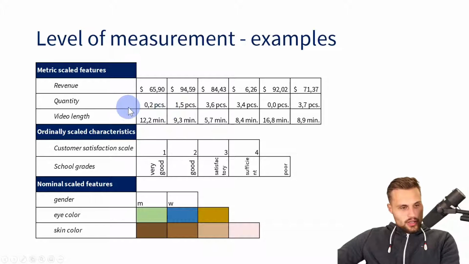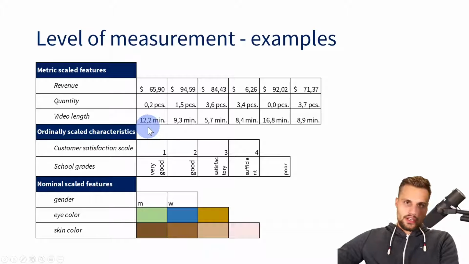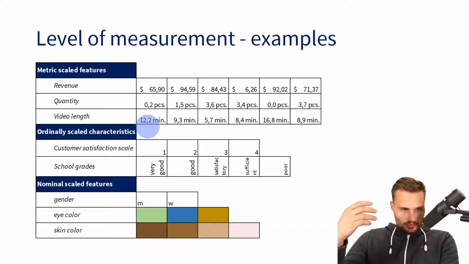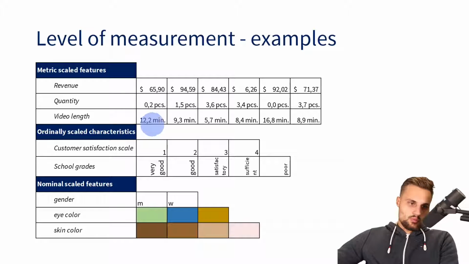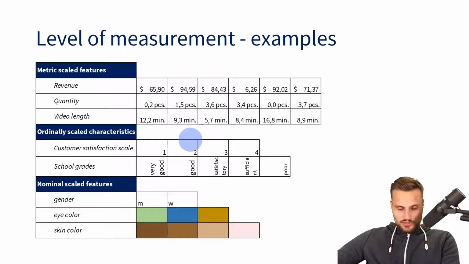And then we have here the difference with the ordinally scaled features, such as the customer satisfaction scale. I just scaled it because normally in Excel, for instance, we can work better if this is scaled. So 1 would stand for the customer is very satisfied with our services, for instance. 2 would be representative for the customer is satisfied. 3 would be neutral, for instance.